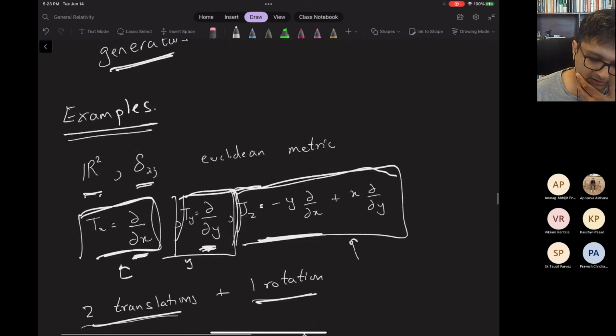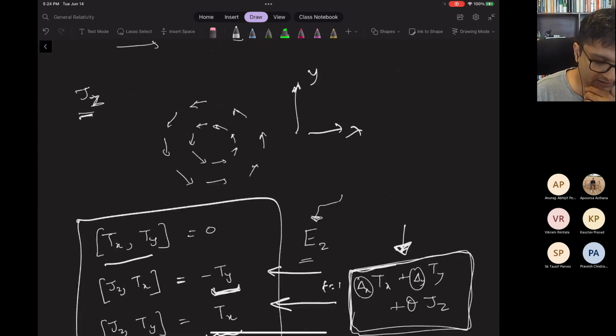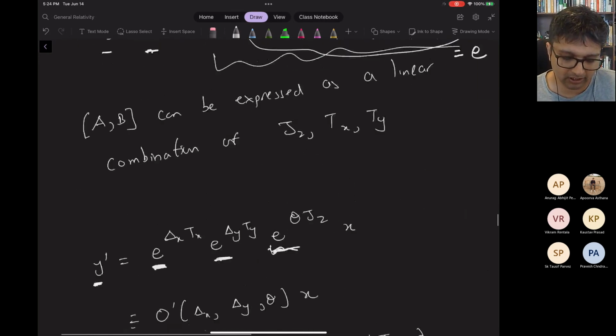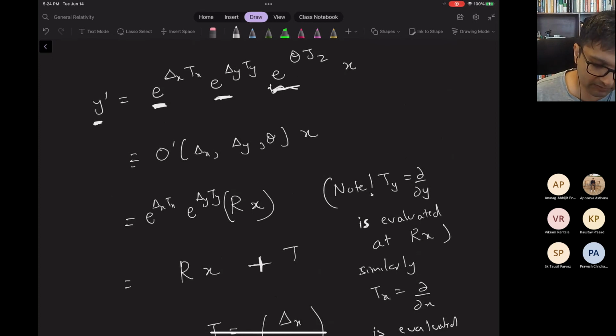This vector field jz generates rotations as a flow. So e raised to theta jz will give me a rotation matrix which depends on theta acting on x.